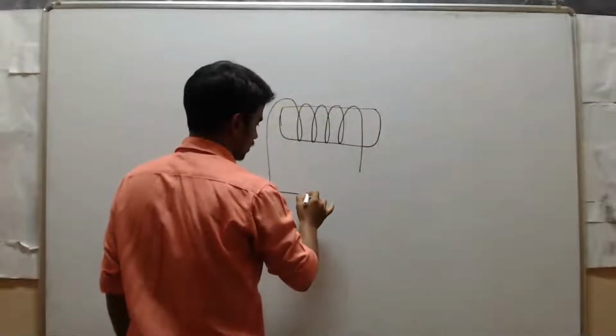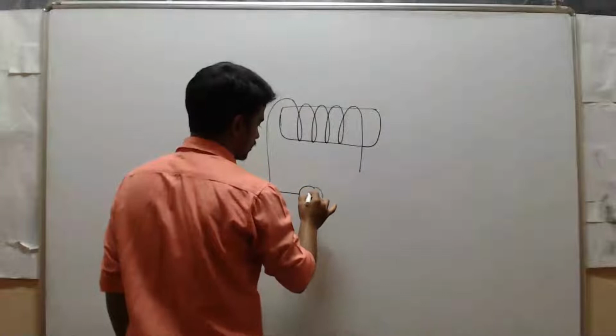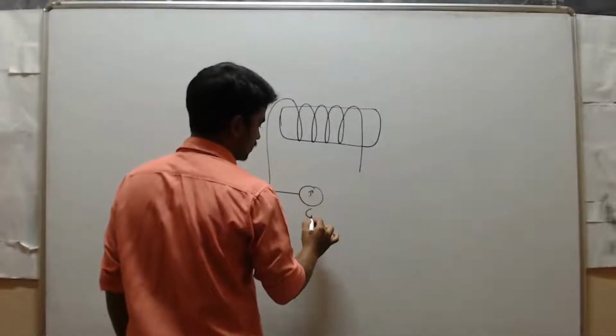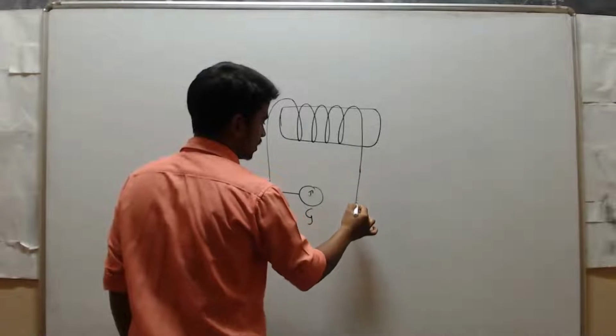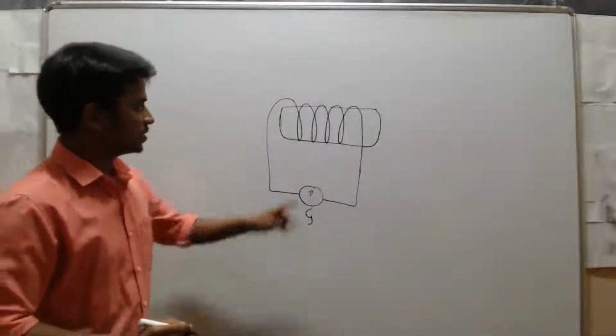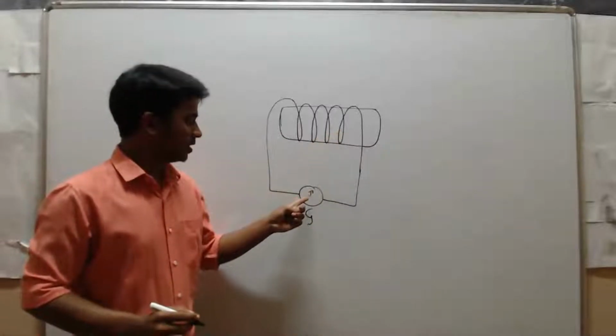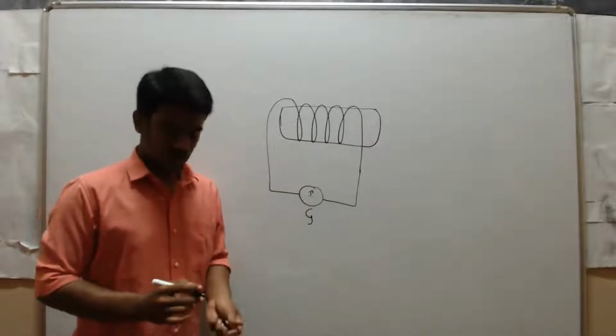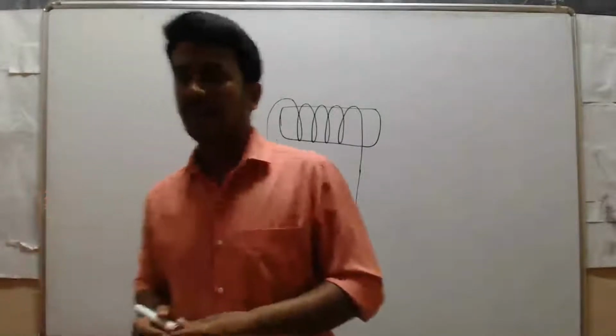Both the wires are connected to a galvanometer. This is a galvanometer, which shows the existence of current. If current passes through this coil, then it shows deflections.